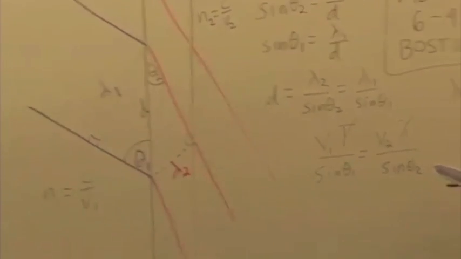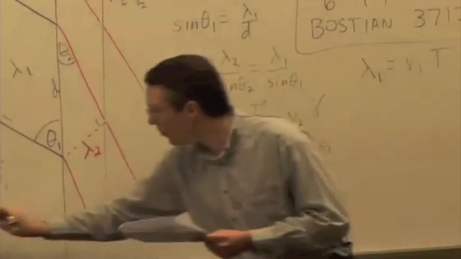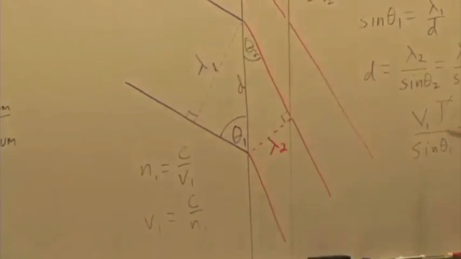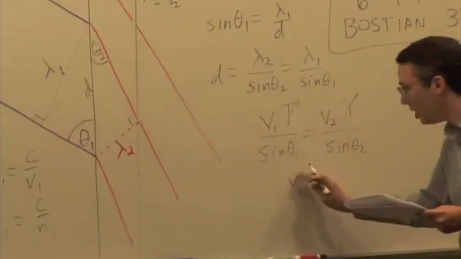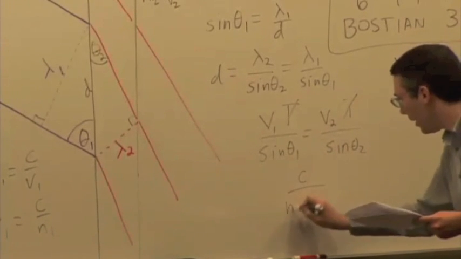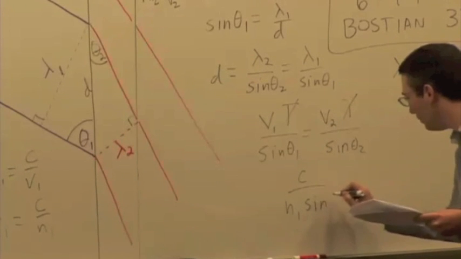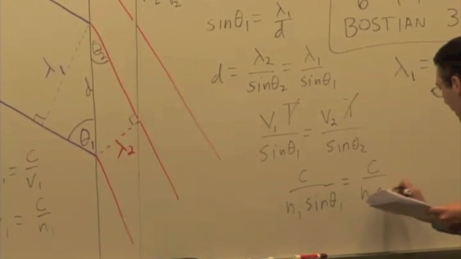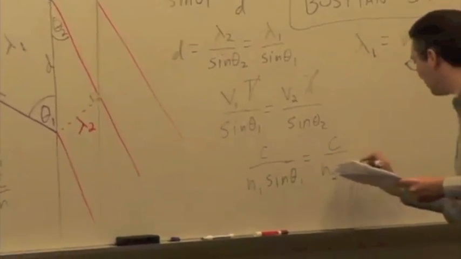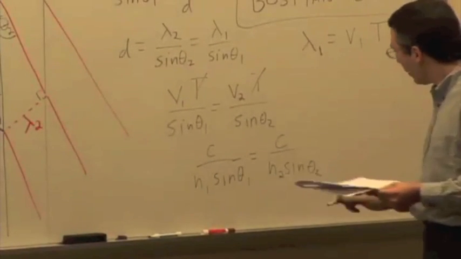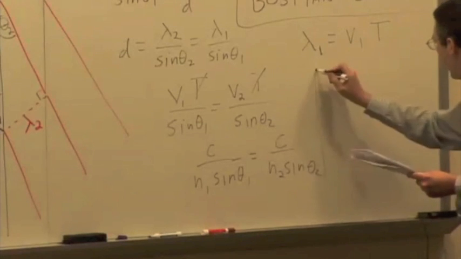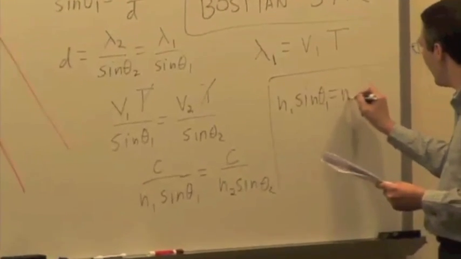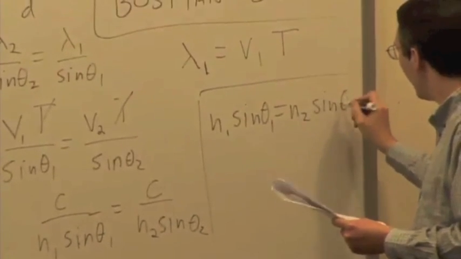If I plug that in, by saying v1 is c over n1, I get c over n1 sine theta 1 equal to c over n2 sine theta 2, and the c's cancel out. So we're left with this relationship: n1 sine theta 1 is equal to n2 sine theta 2.